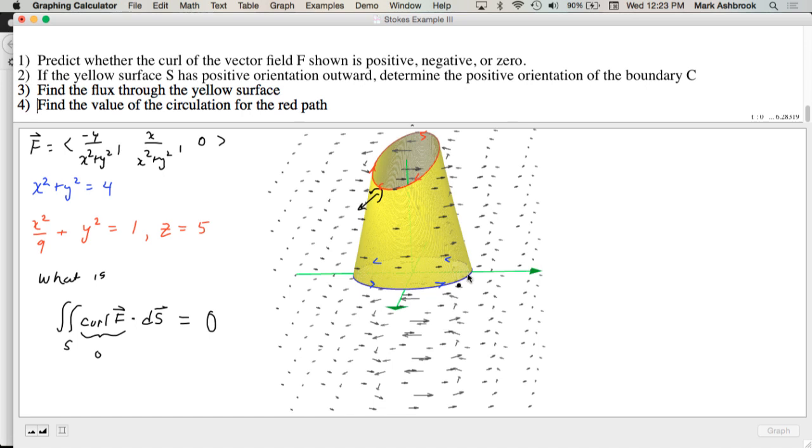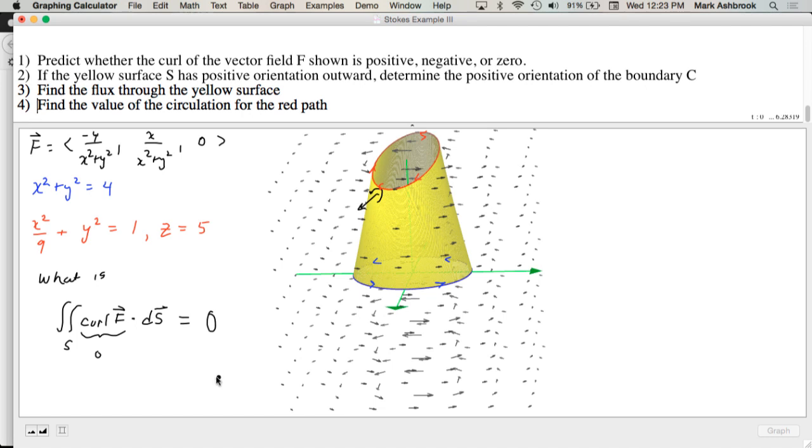Okay, so they would always be equal and opposite? Those two would always be equal and opposite? Only if the vector field is conservative? Well, why would it have to be conservative?